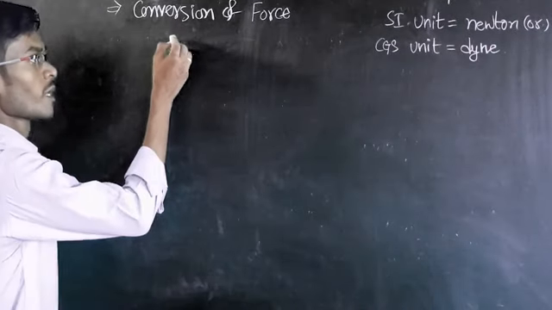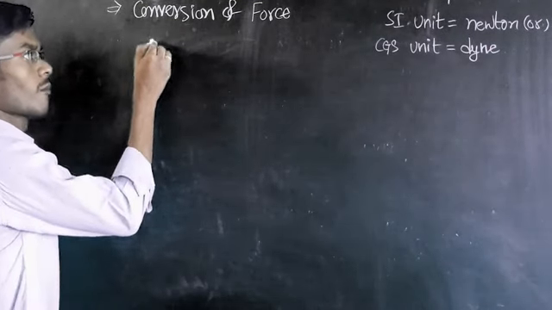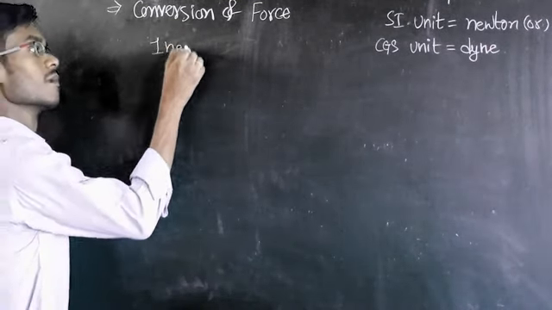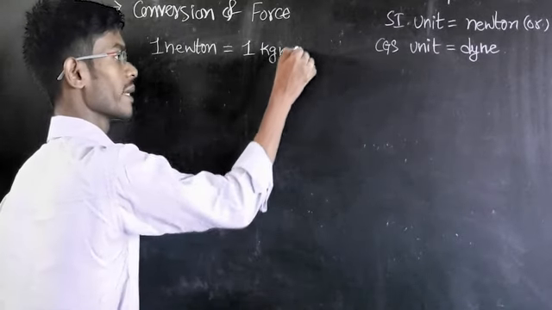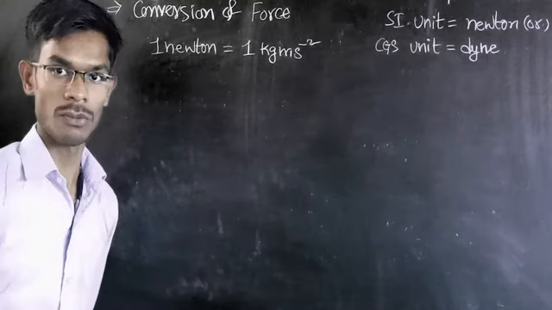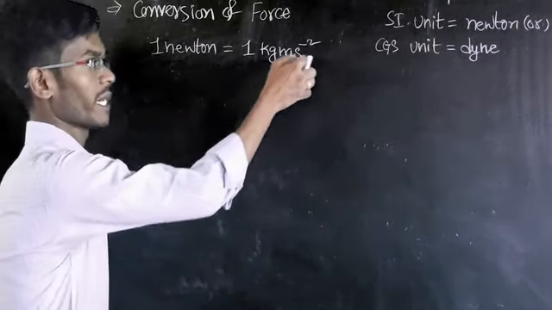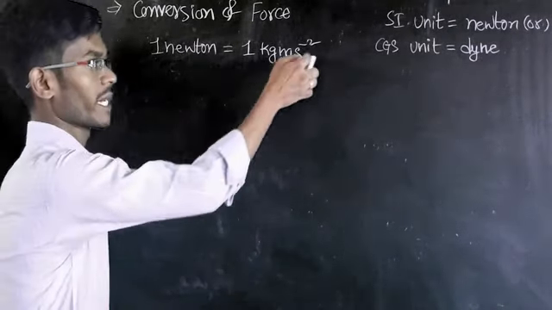See here, 1 Newton is equal to 1 kilogram meter S power minus 2. How did we get this? The force formula is mass into acceleration. Mass m into acceleration, which means change in velocity by time.